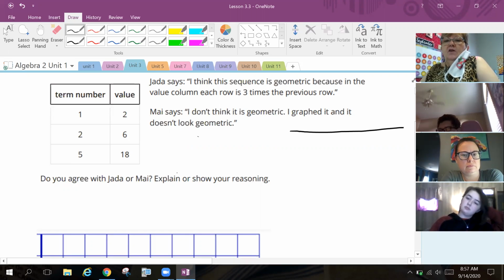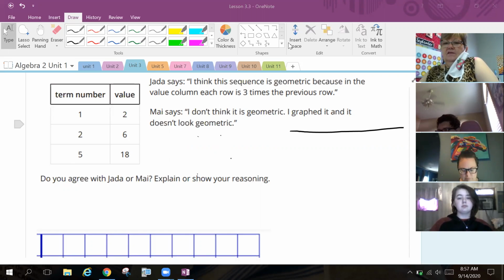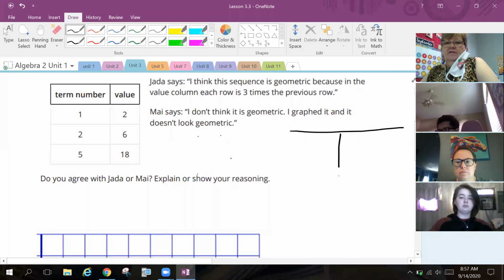All right, so let's think about the values. We know that the first term is 1, and then the value is 2.